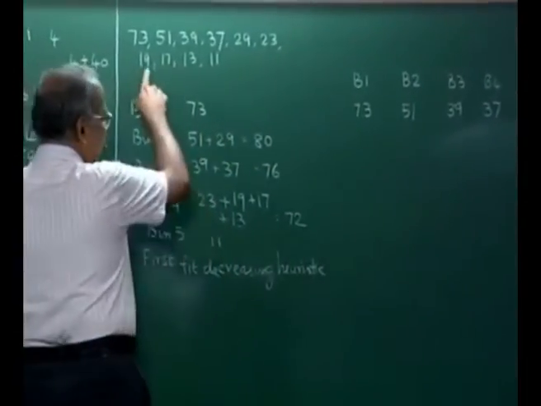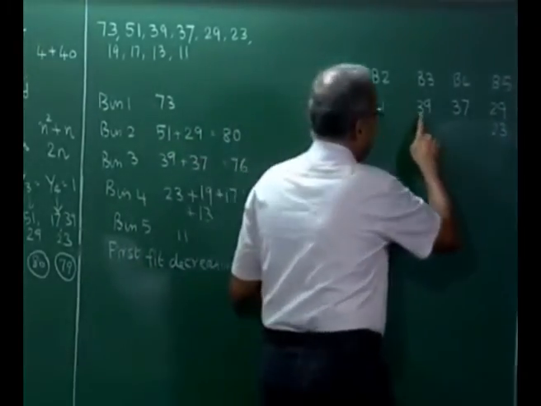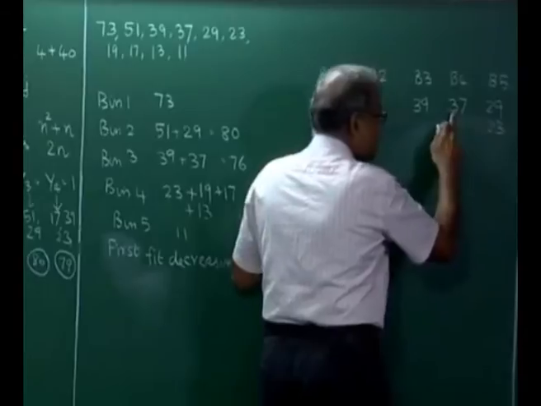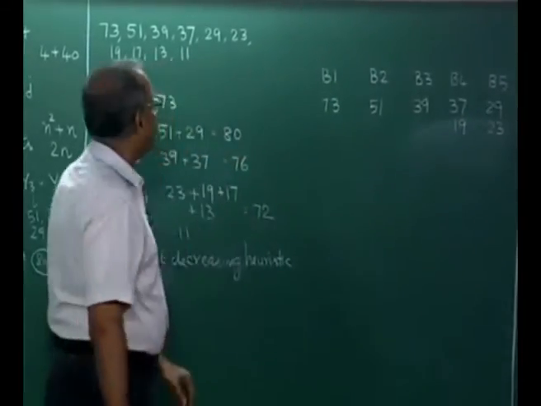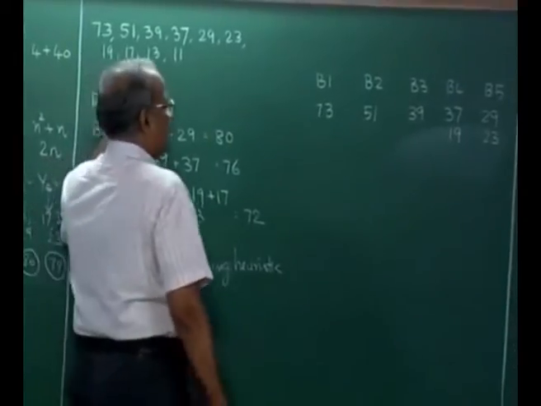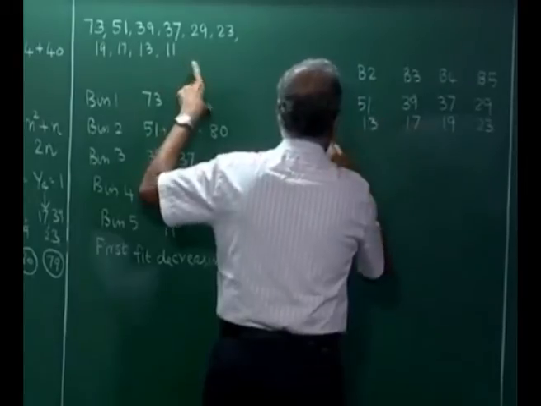Now the next one is 19. Now if we look at the loads are 73, 51, 39, 37 and 52. So this is the smallest, so we get better load balance by putting this 19 here. Similarly, the 17 will come here, the 13 will come here.